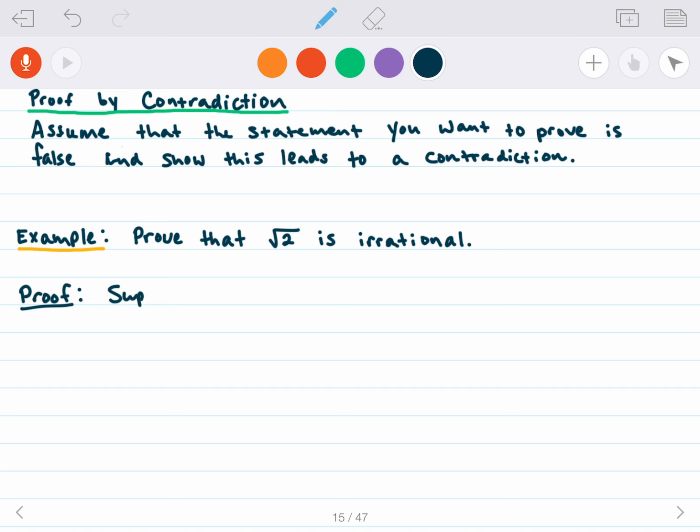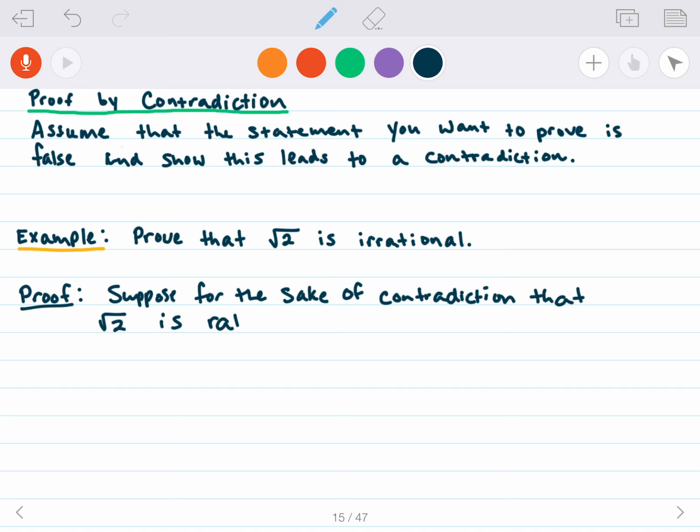So suppose, for the sake of contradiction, that it's actually rational. And let's see where things fall apart. Well, what does that mean? You want to say, okay, I'm supposing it's rational, but what does that actually mean in math?